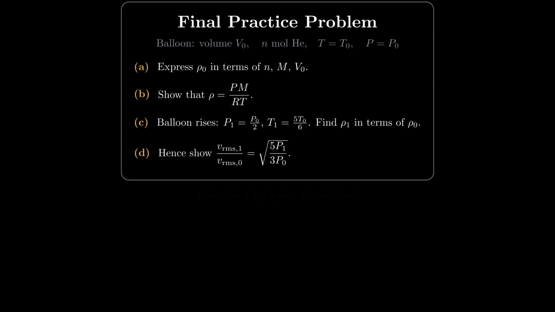Secondly, show that rho equals PM over RT. Thirdly, the balloon rises so that the pressure halves and temperature decreases by a factor of 5 on 6. Find the new density ρ1 in terms of ρ0. Lastly, use that result to show that the ratios of the root mean square speeds can be written as the square root of 5ρ1 on 3ρ0.